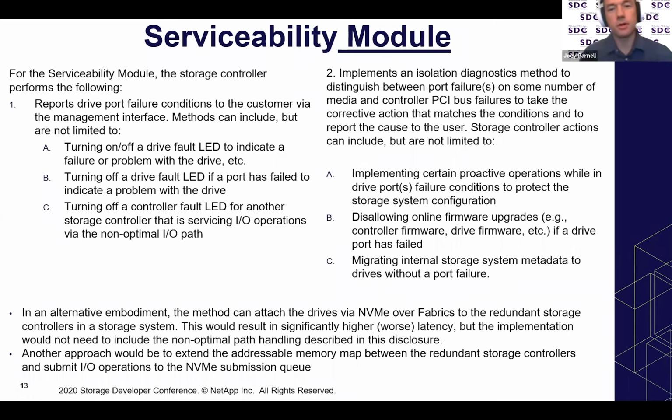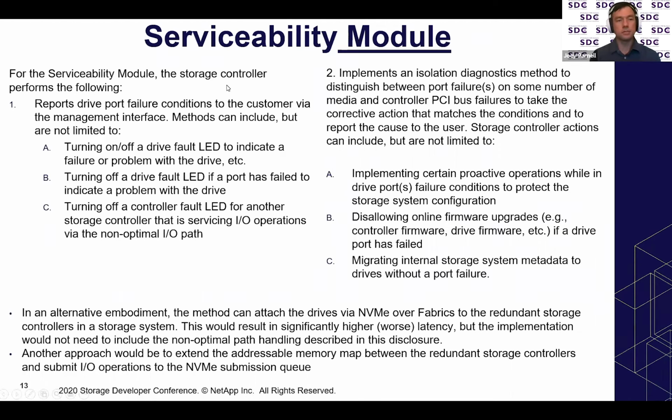Okay, so serviceability. This is important because this is what allows us to report conditions to the user and let them make a decision. We report the drive port failure to the customer in our management interface. We call it our Recovery Guru, which lets them know, here's what happened, and here are the things you can do to remediate the issue, and contact support, things like that.